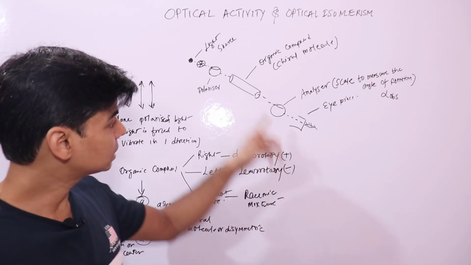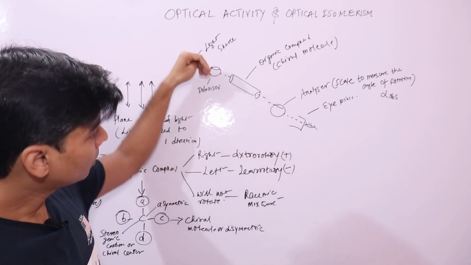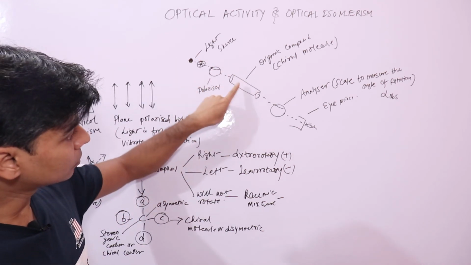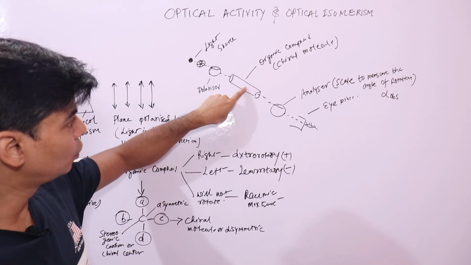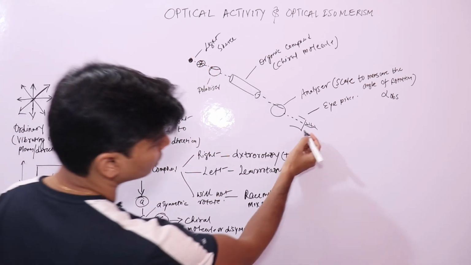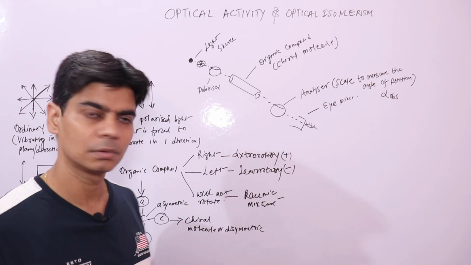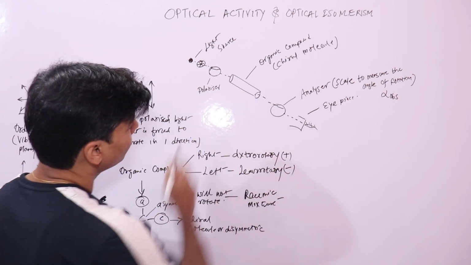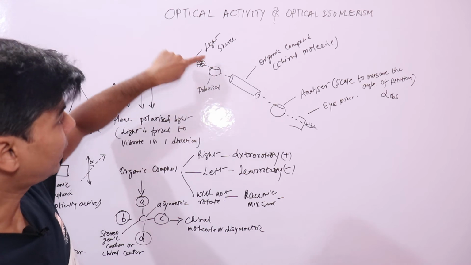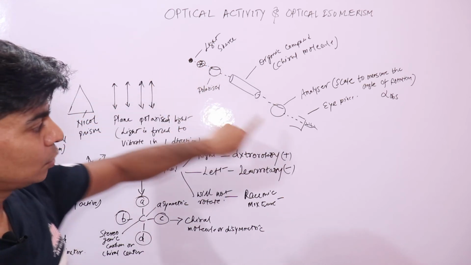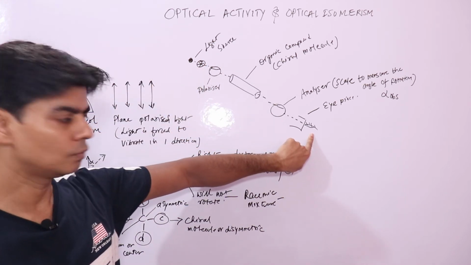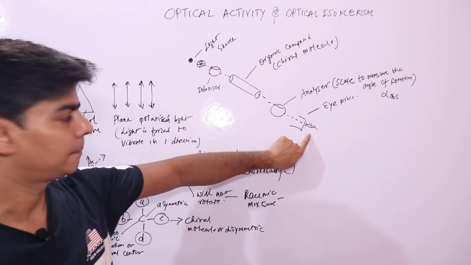That means earlier, when there was no organic compound in this tube, the observer could not receive any light. Although the light source is here, no light was seen by the observer here. Why?